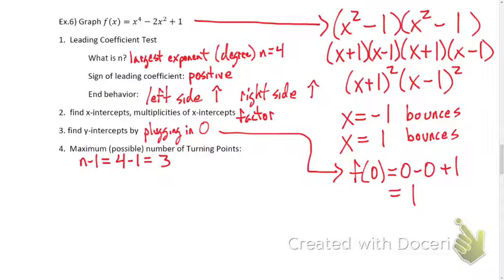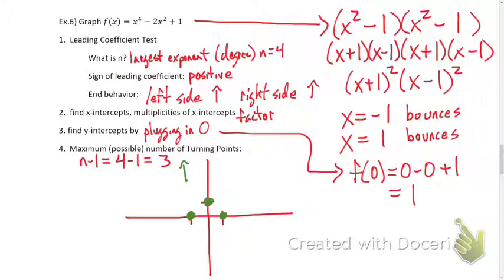All right, let's graph this thing. We have coordinates at those 3 spots, so make a dash right, a dash left, a dash up, and make some dots. Then let's do our end behavior. I see left side is going up, and that's right above the left 0.